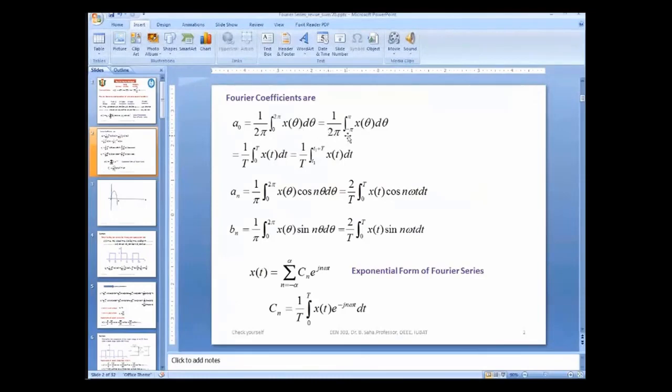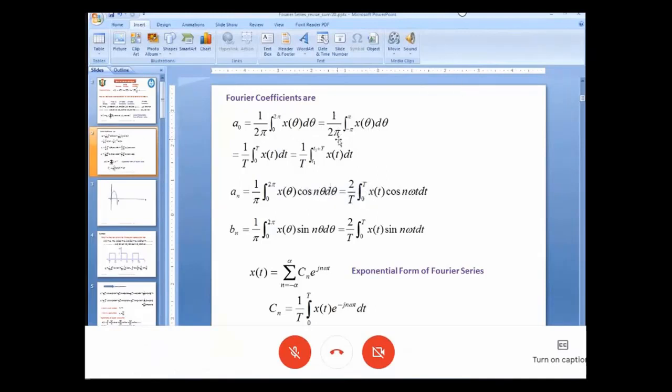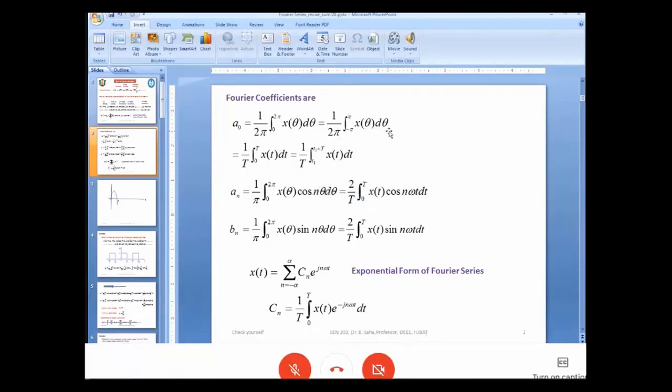So if the signal starts from minus pi to pi, still it is twice pi. The limit is the same: minus pi to pi, and 0 to twice pi, the span is the same, twice pi. So the signal formula is going to be the same: 1 over twice pi, minus pi to pi, x of theta d theta.